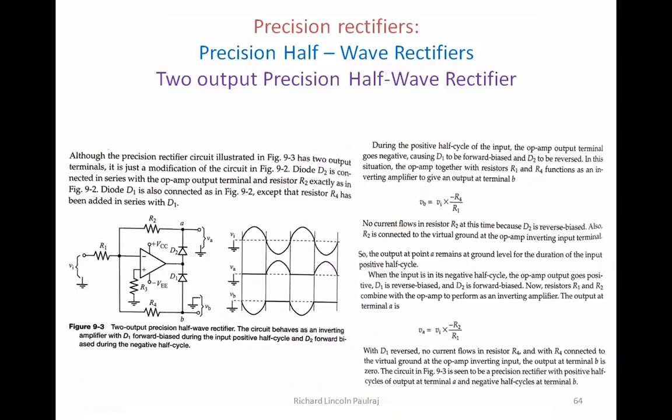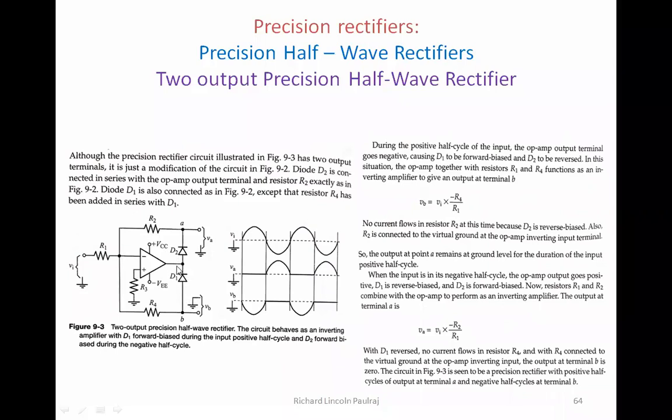Now two output. We will have two kinds of outputs. Previously we just saw one kind of output, only one output. So now it is two output half-wave rectifier. We will see how this works. So we're going to have the same setup, but instead of having a negative feedback here like this, what am I doing?